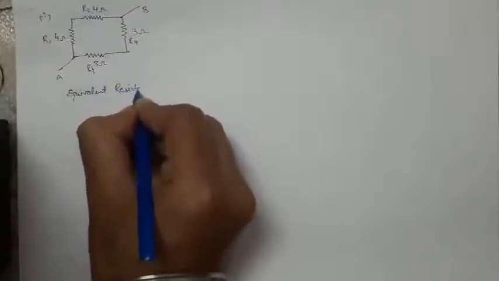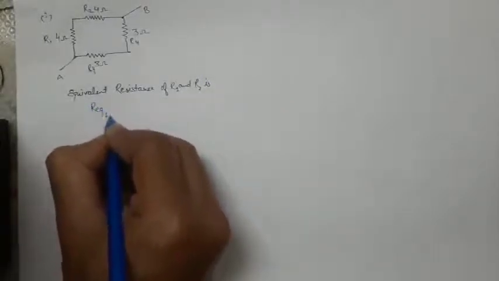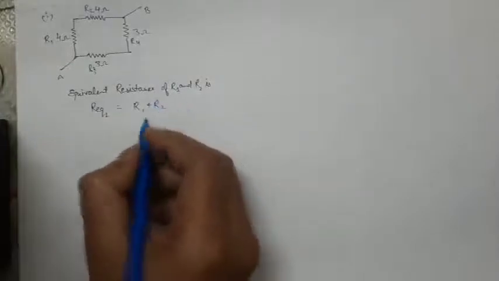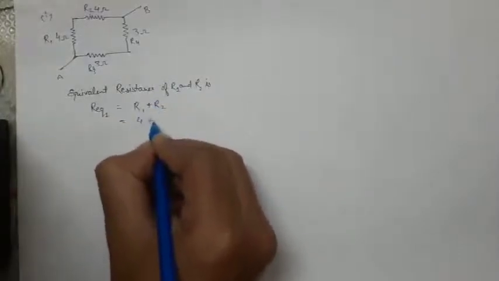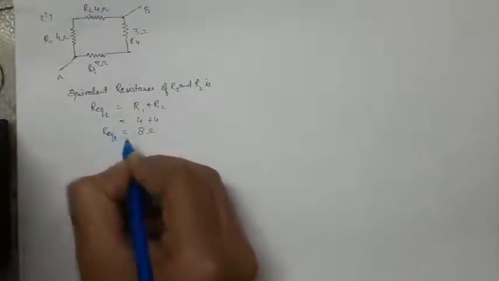The equivalent resistance of R1 and R2, R equivalent 1, is R1 plus R2, since it is a series combination. That is 4 plus 4, that is 8 ohm. It is R equivalent 1.